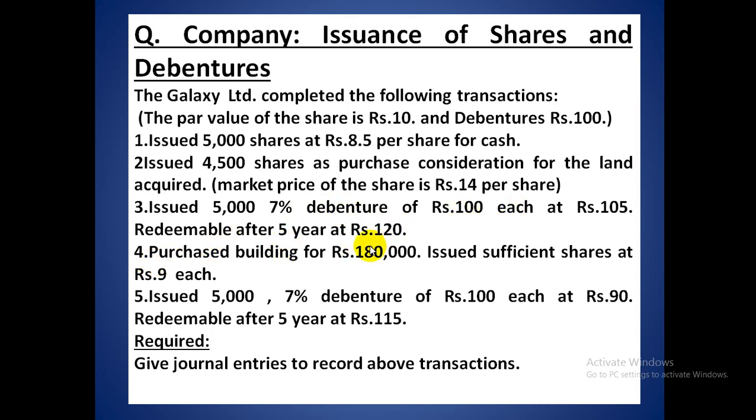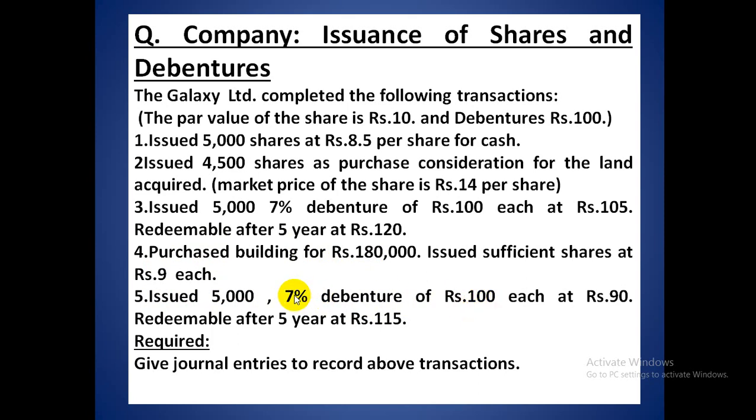Purchase building for rupees 180, issued sufficient shares of rupees 9 each. Now at this moment the building is being purchased and the value of the share is rupees 9. We can calculate the number of shares by dividing 1,80,000 by rupees 9. Furthermore, company is issuing 5,000 debentures of rupees 100.